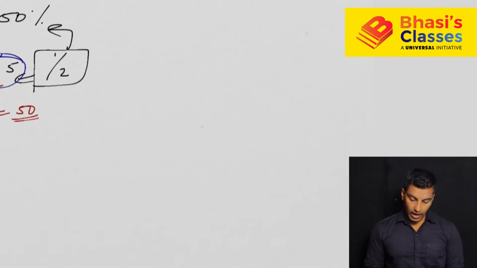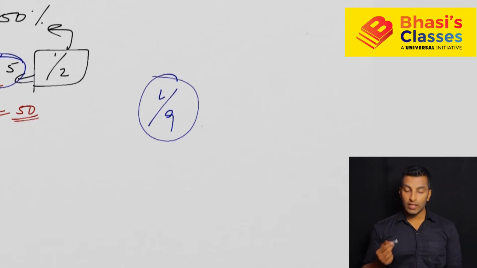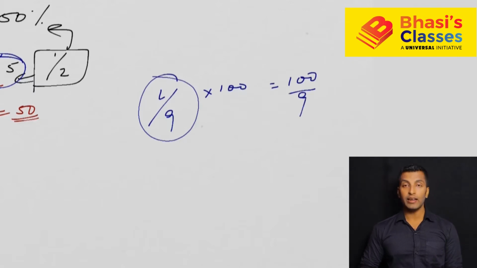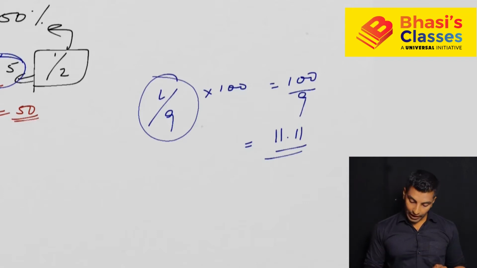Now how to find the percentage value? Let's suppose you have 1 by 9. How to convert this into percentage? Just multiply by 100, so this is nothing but 100 by 9, right? We know 100 by 3 is 33.3, so 100 by 9 means divide again by 3, and you'll get 11.11. This is the percentage equivalent of this ratio.